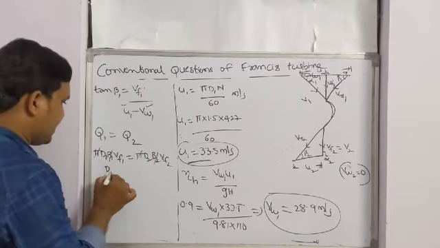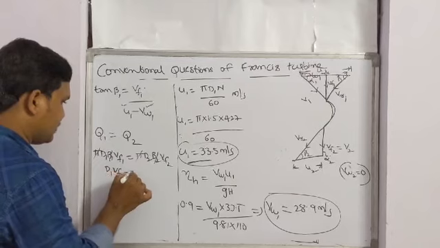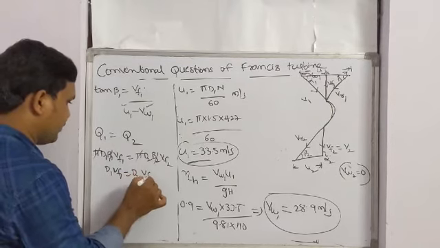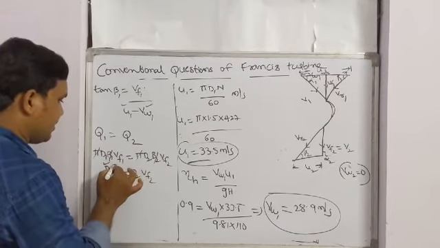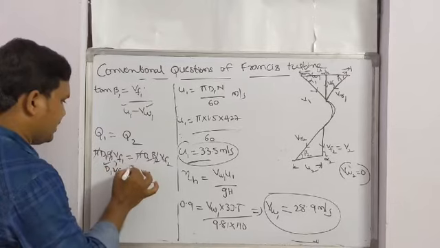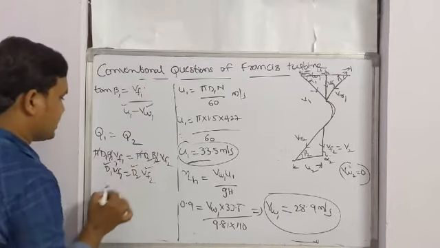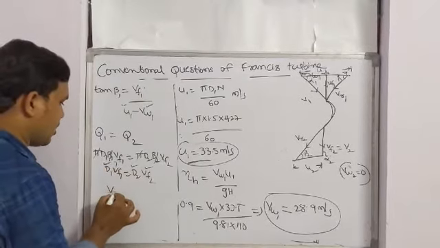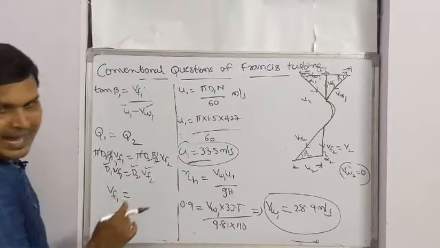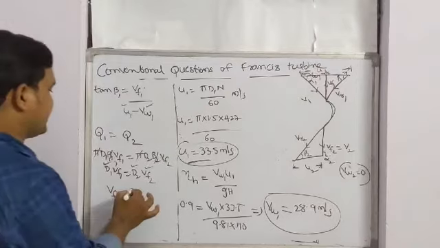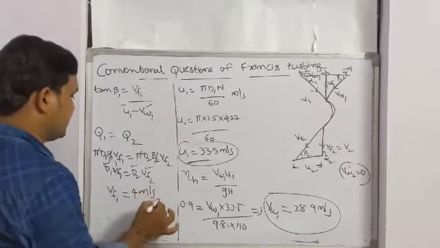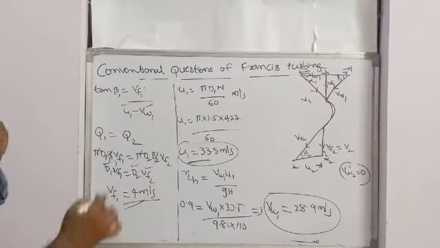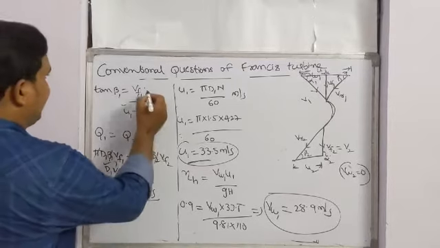Then D1 VF1 is equal to D2 VF2. D1, D2 and VF2 are given. By substituting all these known parameters, we got the unknown VF1 as 4 meters per second.